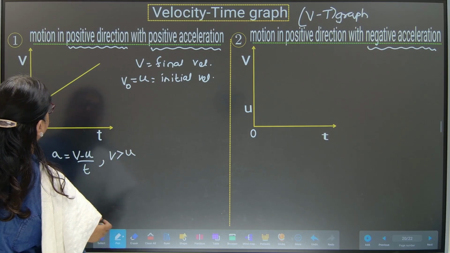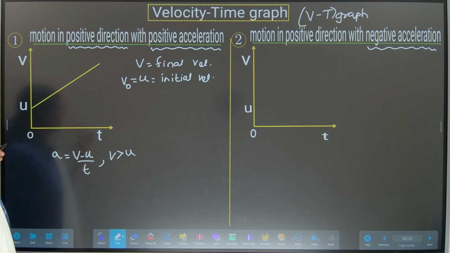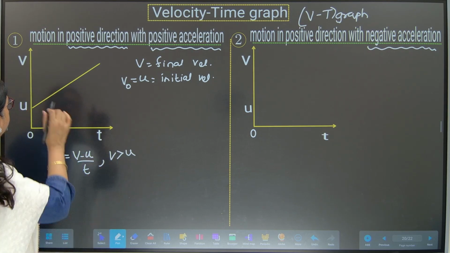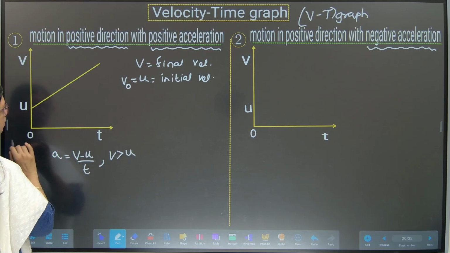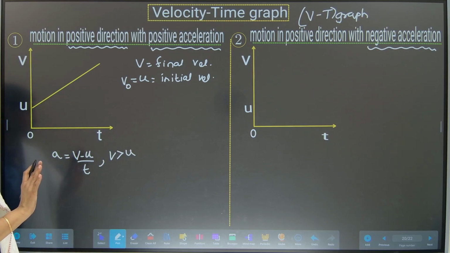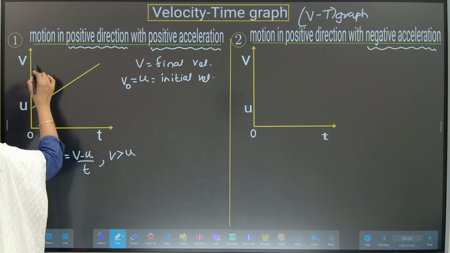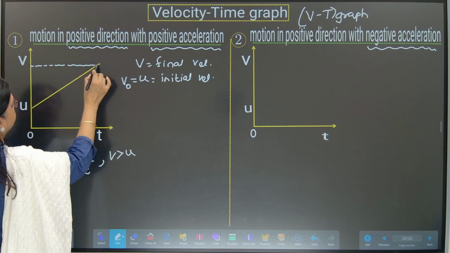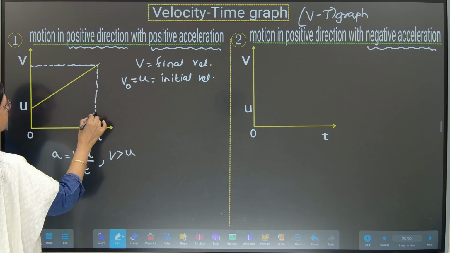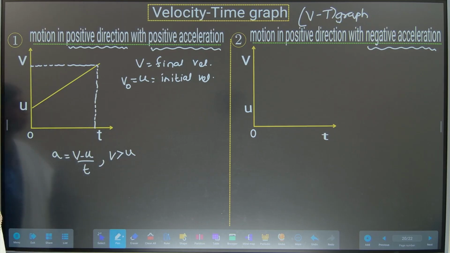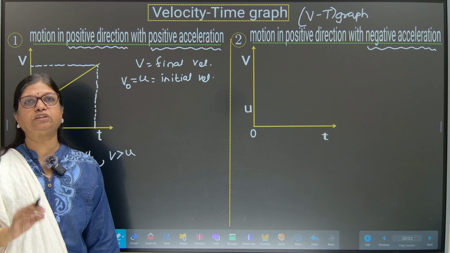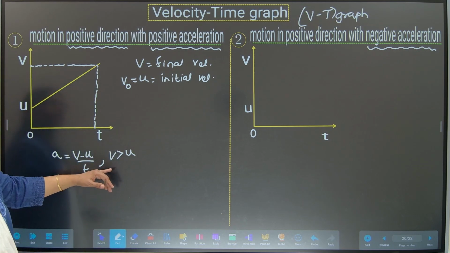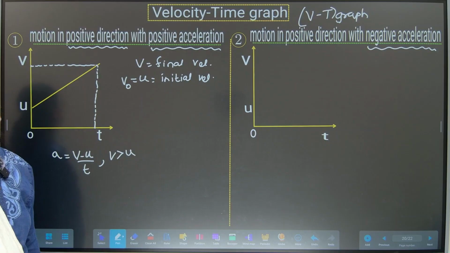It is a straight line where we have selected 2 points U and V on the y-axis and the time on the x-axis. So this is what we have. This is a kind of graph which has positive acceleration, positive direction.